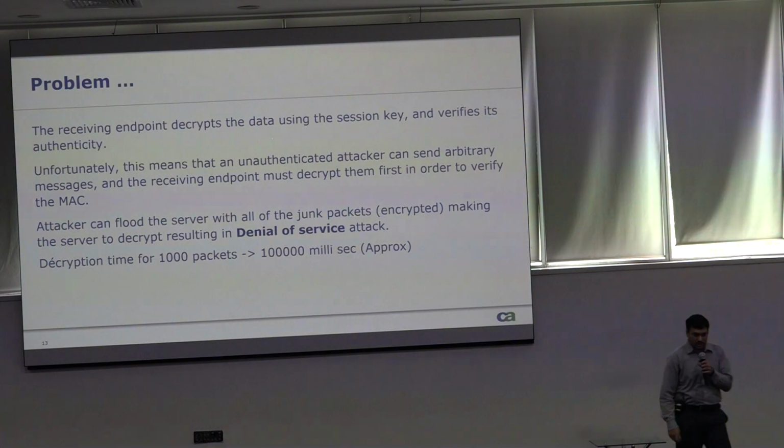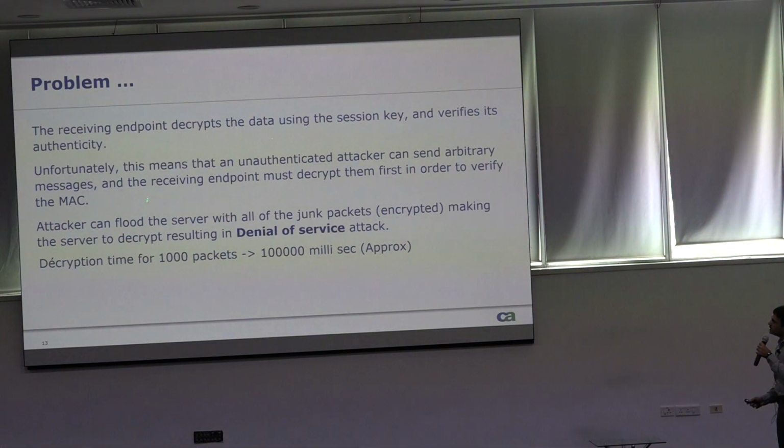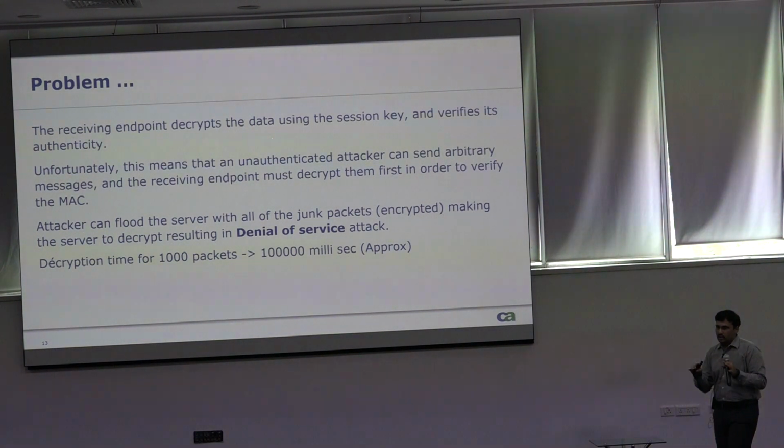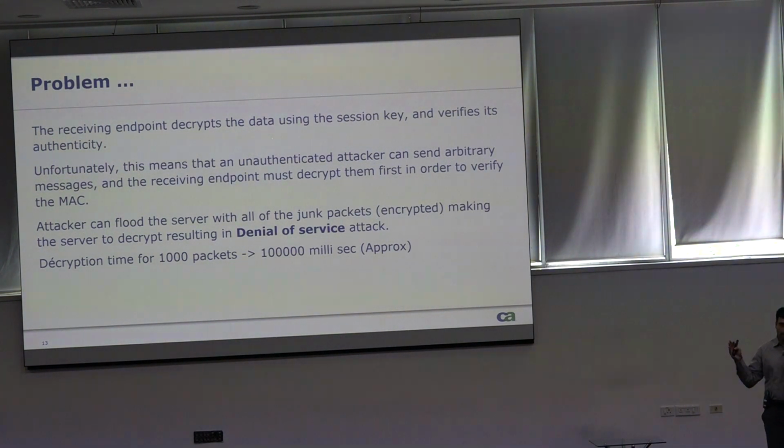So unfortunately, this means that an unauthenticated attacker can send arbitrary messages. The attacker can modify some content in the middle or bombard the server with junk packets, making the server decrypt every junk packet it receives.